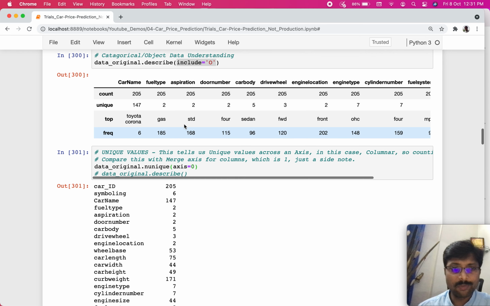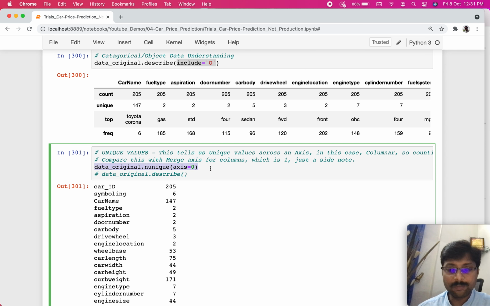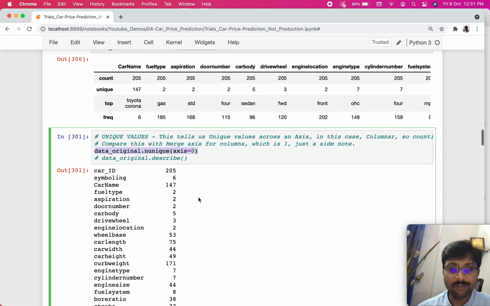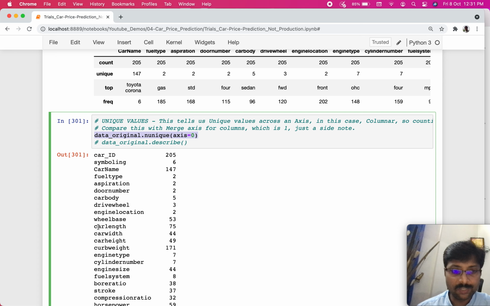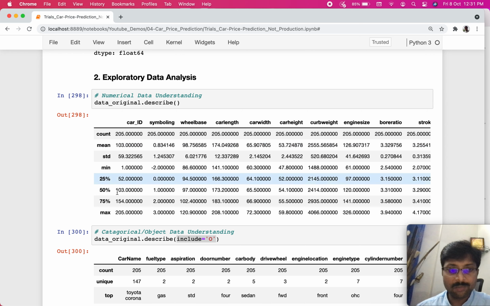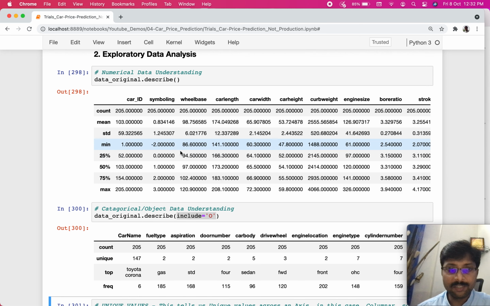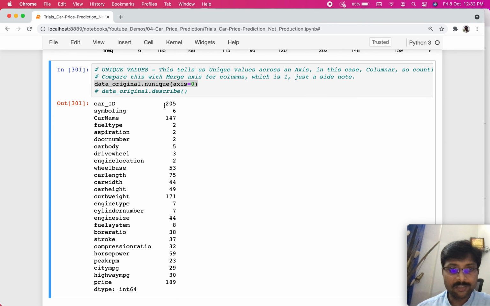It's similar to what we have seen above, but this gives you the counts for all the different parameters, not only categorical values but numerical values as well. For example, car length, which was described above, did not tell us how many unique values exist, whereas here it does: there are 75 unique values for car length.